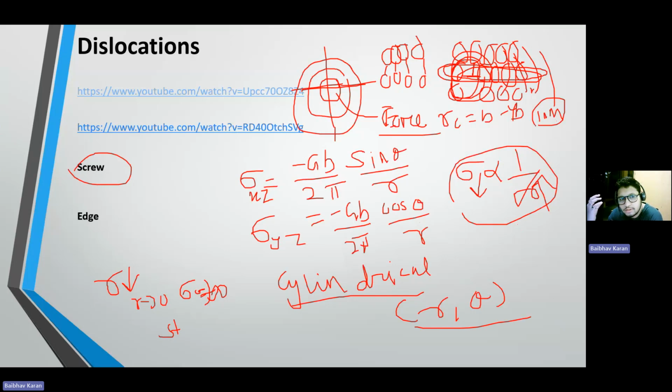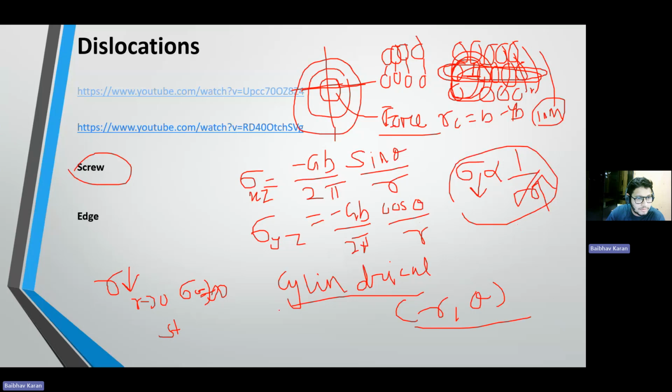Similarly, we discussed the stress and strain values around screw dislocations, right? Then we defined some contours, like how the formulas we got for stress and strain around dislocations will look in a contour.